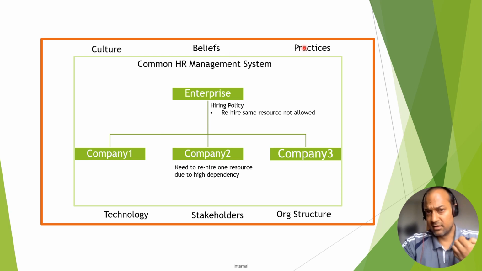The practice is the general way of doing something. Technology is what technology you are using in your solution, at the enterprise level, or across all the organizations. Stakeholders are who those stakeholders are. Then the organization chart or structure is how the hierarchy is driven from the enterprise to the companies.